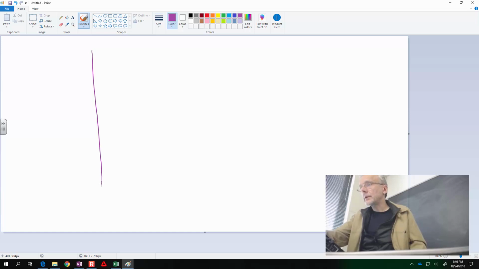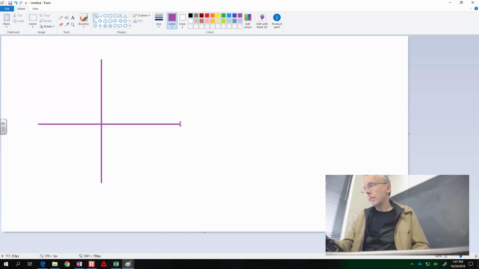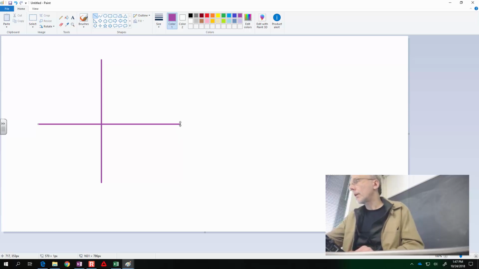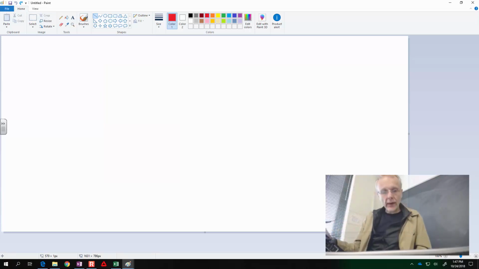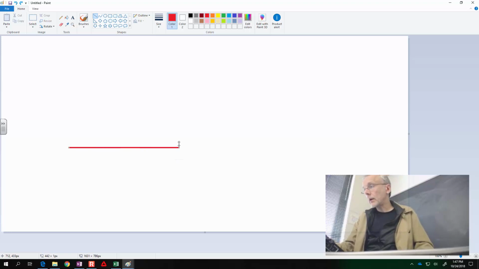That's not right. Okay, now I'm drawing the graph. Okay, so actually let me do the way I did it. So the red is horizontal and green is vertical.